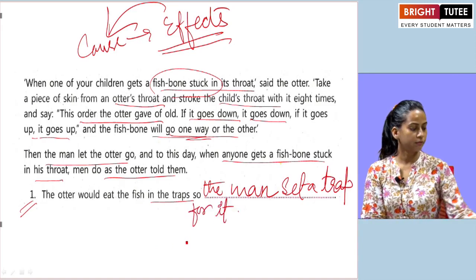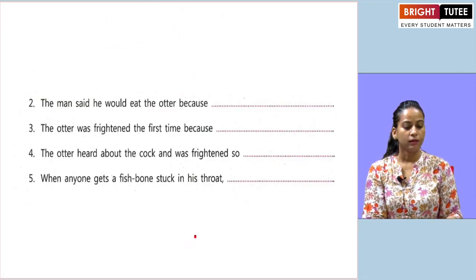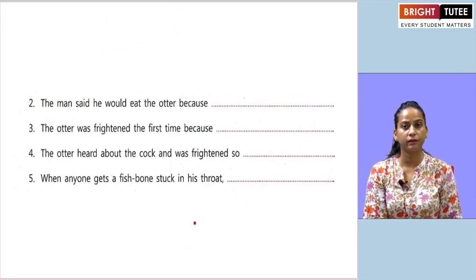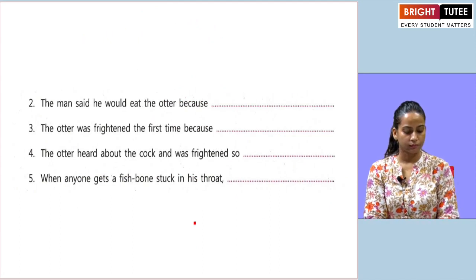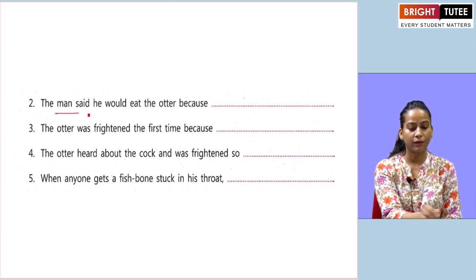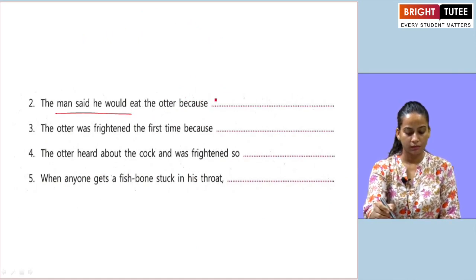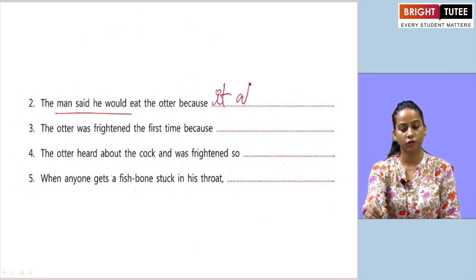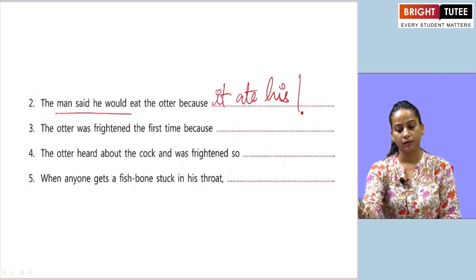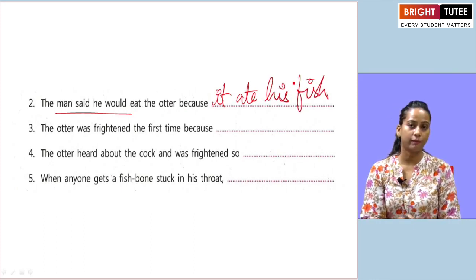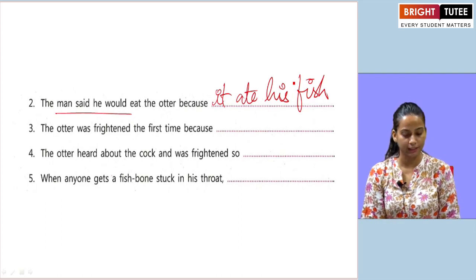Clear? Next, the men said he would eat the otter because. Why did the men say that he is going to eat the otter? Because it ate his fish, and that's why the trap was set for the otter to catch.